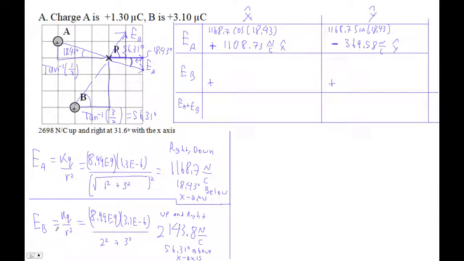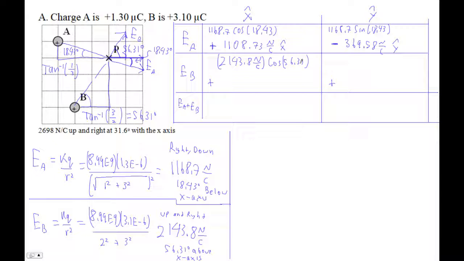Okay, so B, let's go B here. Okay, that's 2143.8. So B is newtons per coulomb. Oh, sorry, why did I put the units there? Okay, and then let's see. The X would be cos 56.31. So let me find that number, 2143.